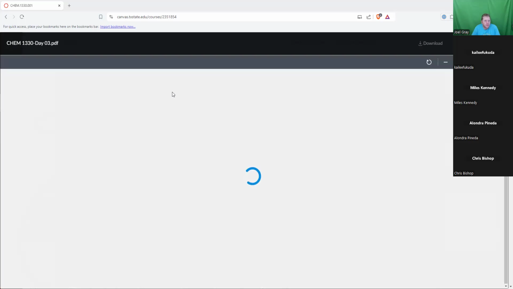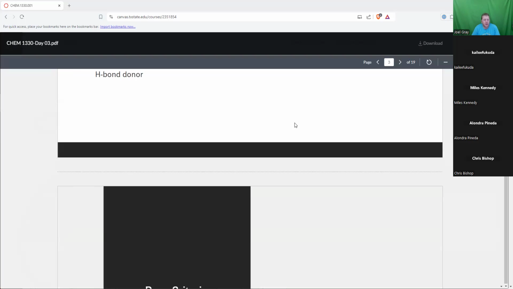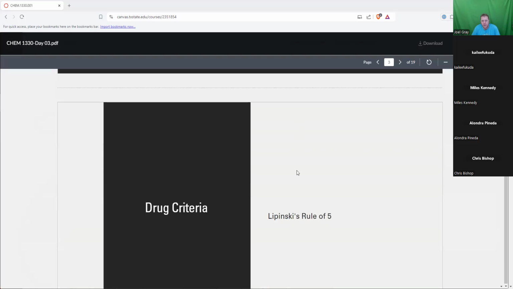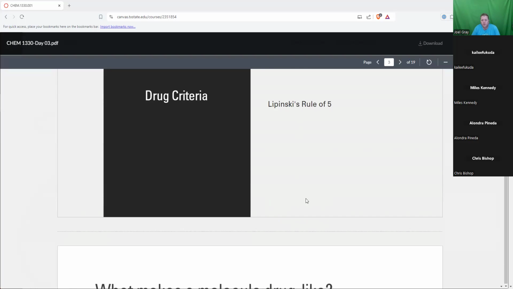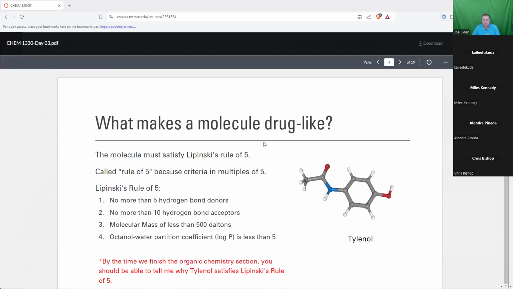After that, we've got Lipinski's rule of 5. And that gives us organic chemistry and Lipinski's rule of 5. These are just items that you have to remember. One, that a molecule can have no more than 5 hydrogen bond donors.